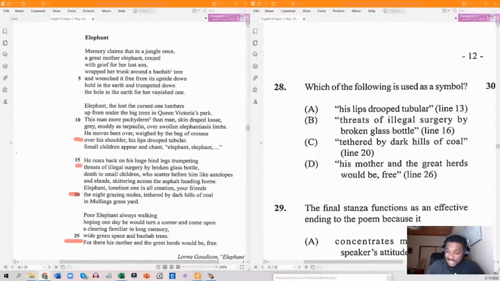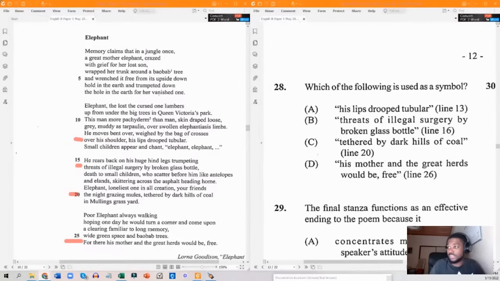Okay, I'm seeing C and D so far from you guys. Interesting. Where do we see something that is representing something else? Something that has a bigger meaning than itself? I know those of you guys who have watched my poetry analysis videos will not be asking what a symbol is. I know that for a fact.